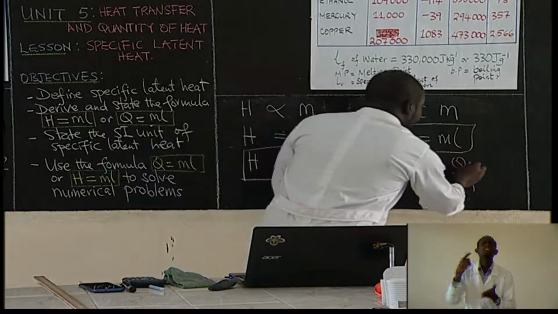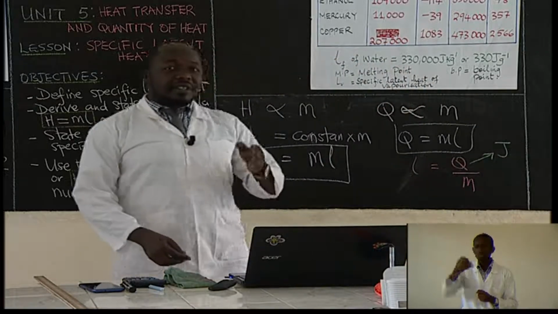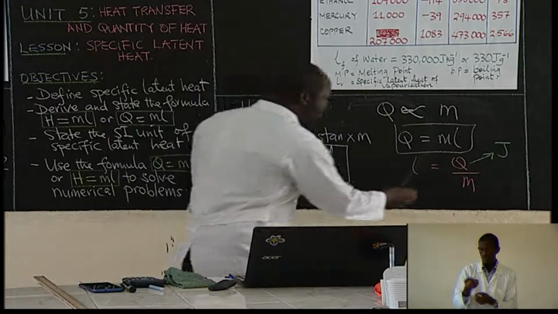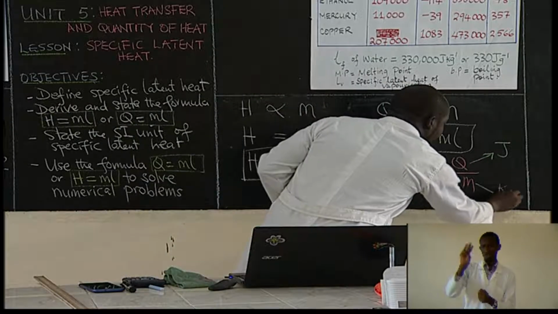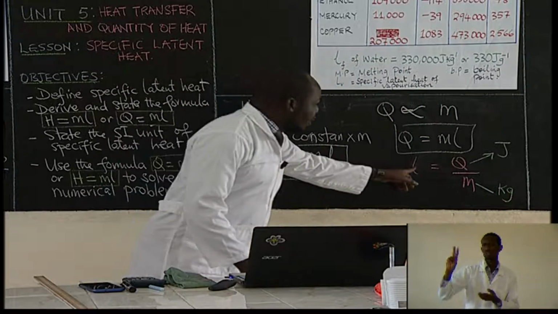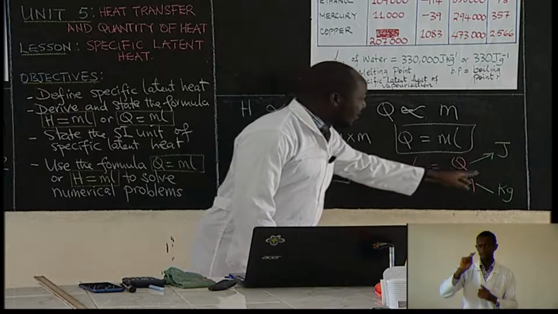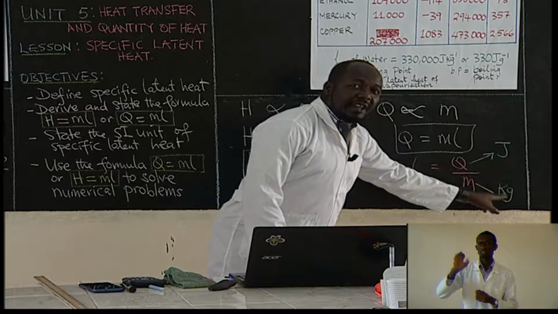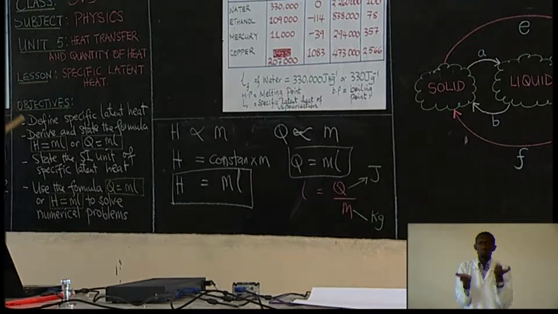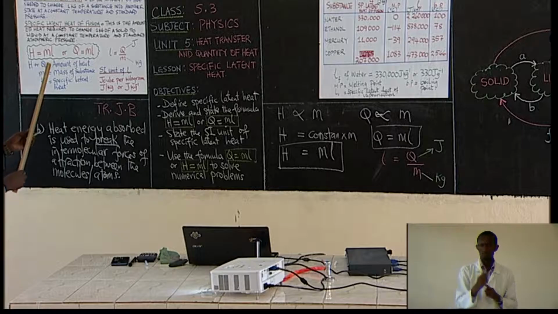The unit of quantity of heat is joules, because heat is energy, measured in joules. And m is mass, which is measured in what? In kilograms. And so what is the SI unit of specific latent heat? The SI unit is going to be joules divided by what? By kilogram.